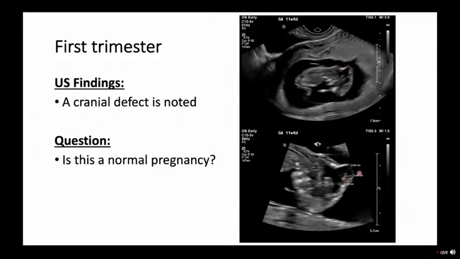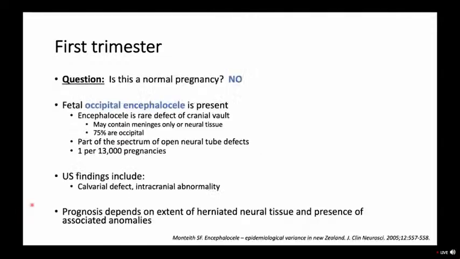Yeah. What do you think this defect in the back of the skull is called? Like an encephalocele? Yeah, I love that term. So encephaloceles can happen really anywhere in the head. It can be in the front, the side, the back, low down, high. This is called a fetal occipital encephalocele.